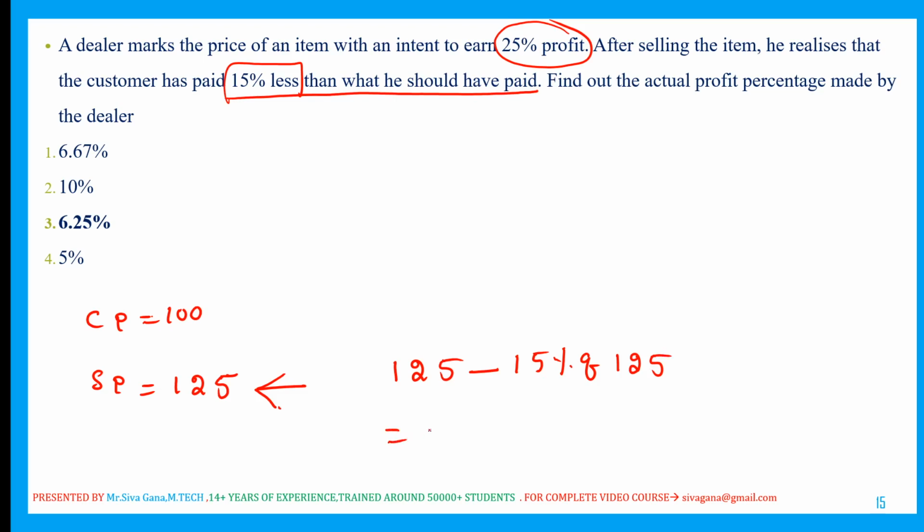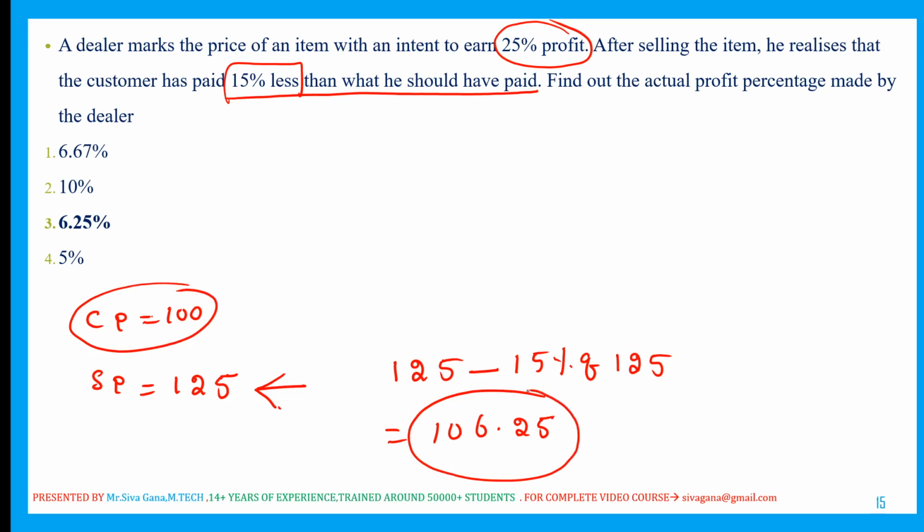So he paid how much? 106.25, right? Cost price is 100. Shopkeeper got 106.25. So profit is how much? 6.25. Cost price is 100. We need profit percentage: 6.25%.